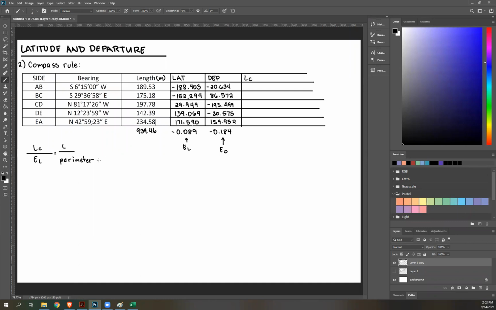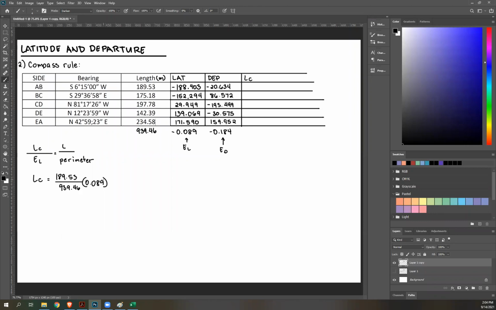So to solve for LC, again, this is sample computation for AD. That's L, which is 189.53, over perimeter, which is 939.46 times EL, which is this, your 0.089.